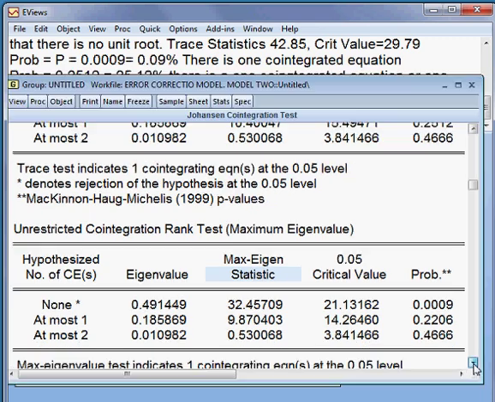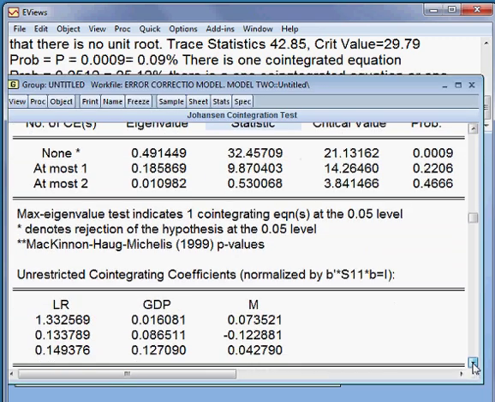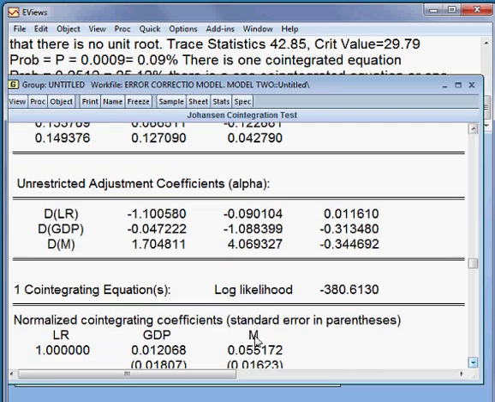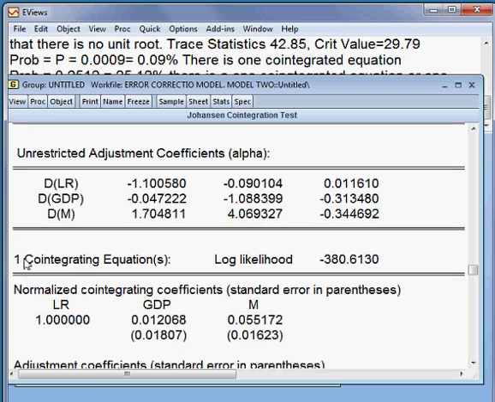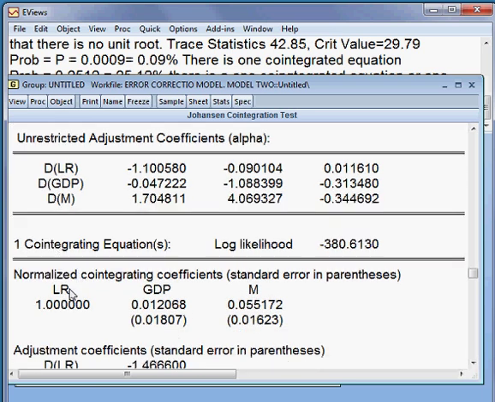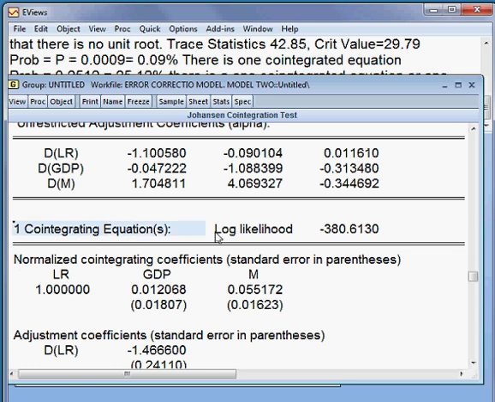And here at the bottom, you can see the long run model. That is, the model is here. So it is our long run model, right? It is the dependent variable, GDP is an independent variable, and M is an independent variable, and this is the coefficient of GDP, and this is the t value, right?